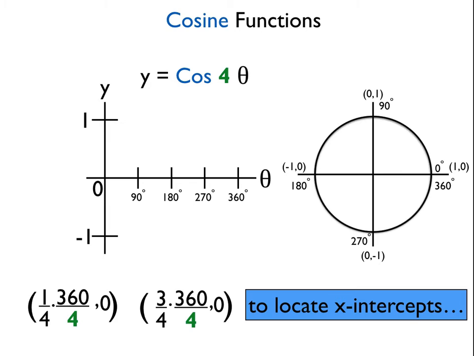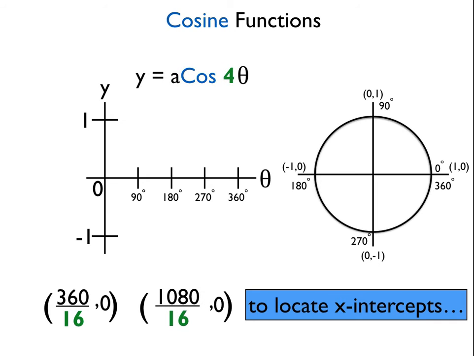Notice when I put that 4 at the bottom left, I have 360 over 4 times 1/4, and on the other side 360 times 3 over 4 times 4. So I'm going to simplify this, and I end up with 22.5 and 67.5.